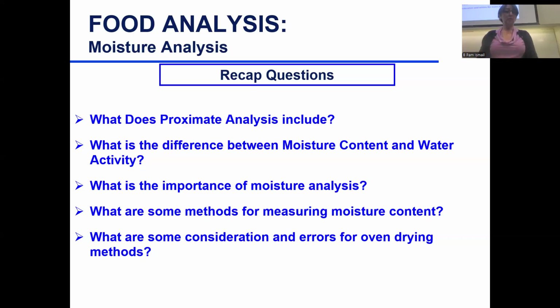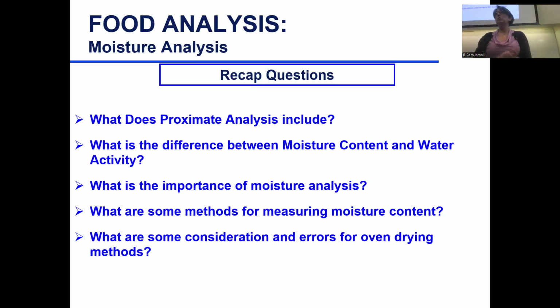So to repeat for the recording, moisture content refers to the total amount of water present in the sample or the food. And water activity is that proportion of water that is available for chemical and biological reactions, such as Maillard reaction, enzymatic reactions, microbial growth.